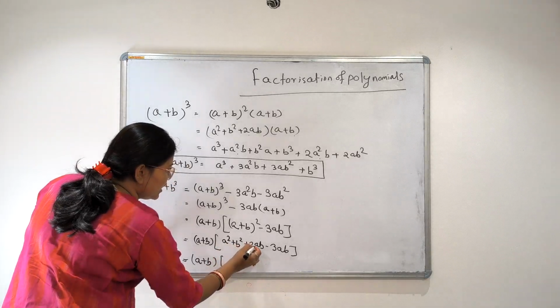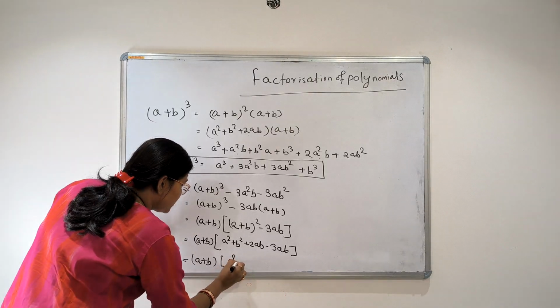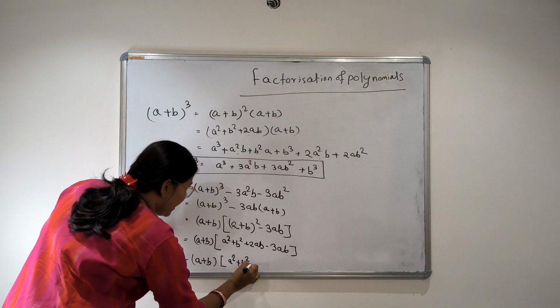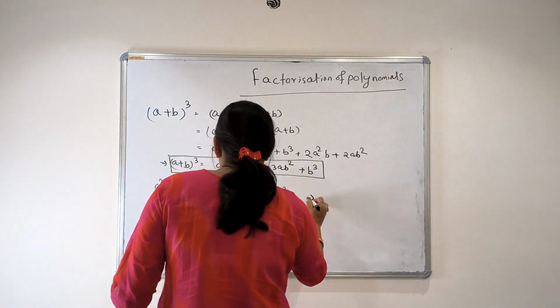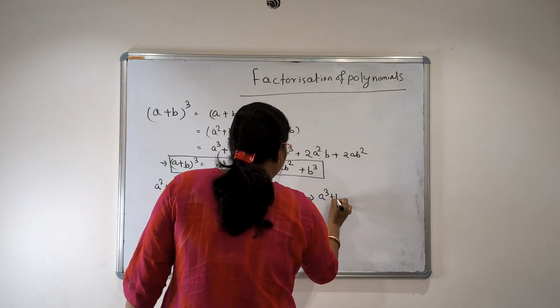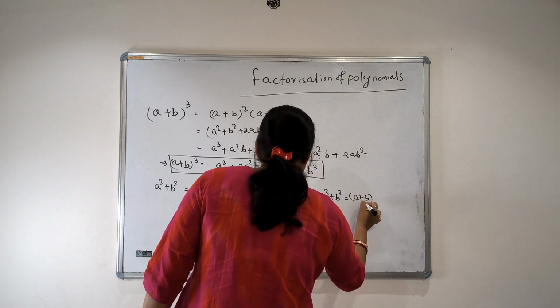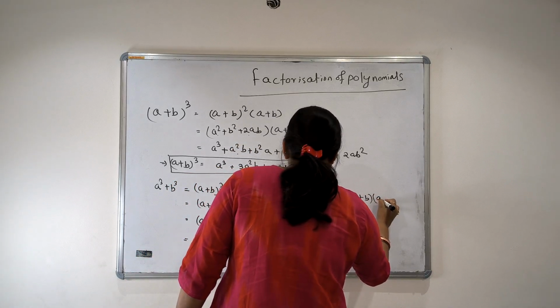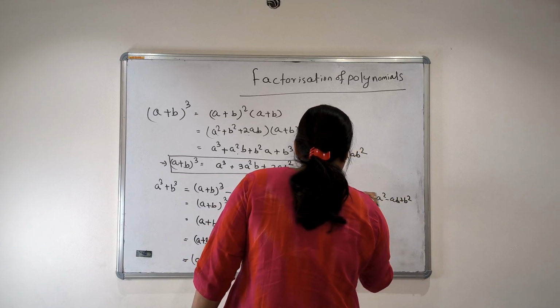A square plus b square, and 2ab minus 3ab is how much? Minus ab. A square plus b square minus ab. Or we can write it as, this implies a cube plus b cube is equal to a plus b into a square minus ab plus b square. This is another formula.